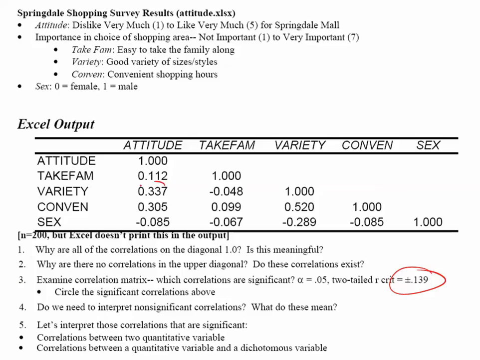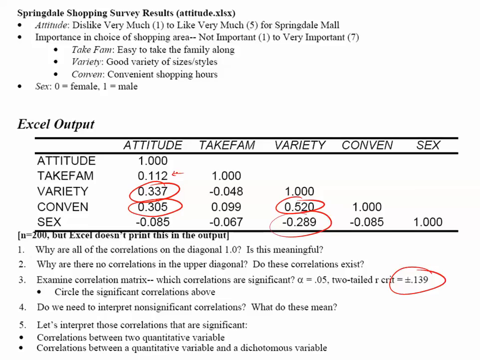So we would have variety to attitude, variety to convenience, variety to gender or sex, and variety to convenience. Looking through there, I don't see any others. This one right here is close, but it's not quite there.